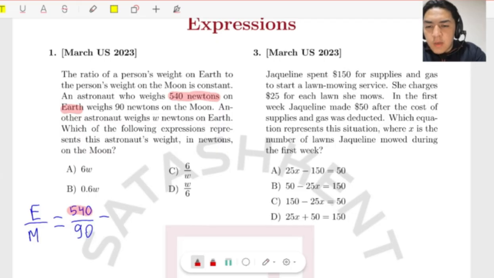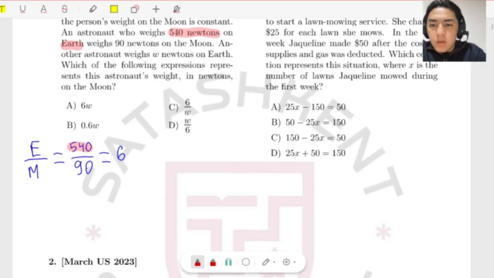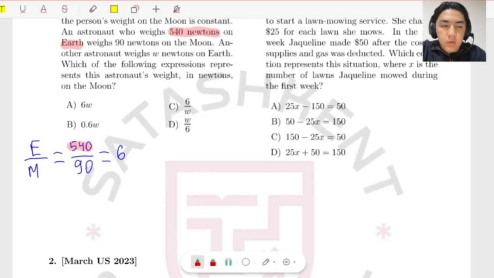So, I will have just 6, yeah. And another astronaut weighs W newtons on Earth. Which of the following expressions represents this astronaut's weight in newtons on the Moon? Here we have found that our ratio, our constant number, is 6.